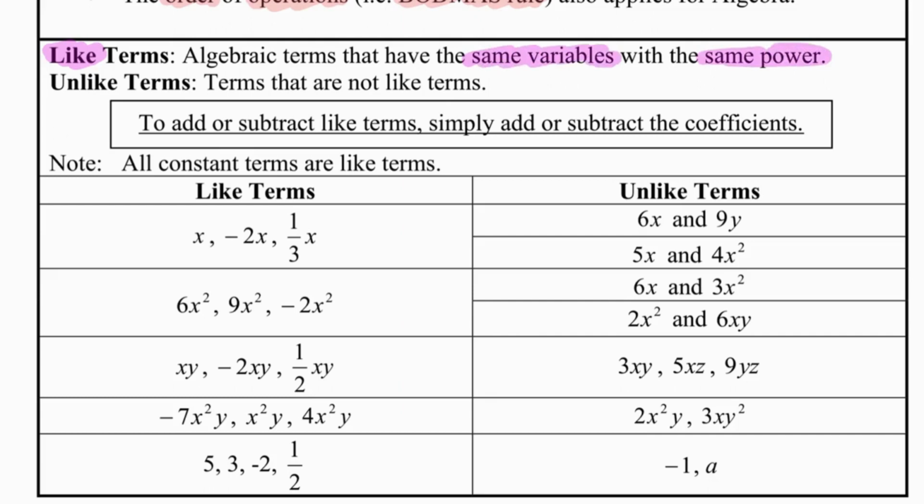Examples of like terms would then be x, x, x; x square, x square, x square; xy, xy, xy; x square y, x square y, x square y. Constants are all like terms because they represent this group called constant terms.